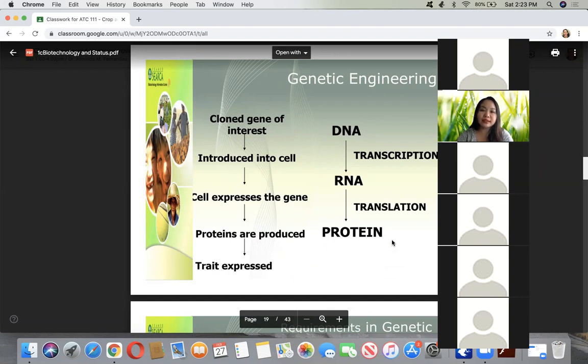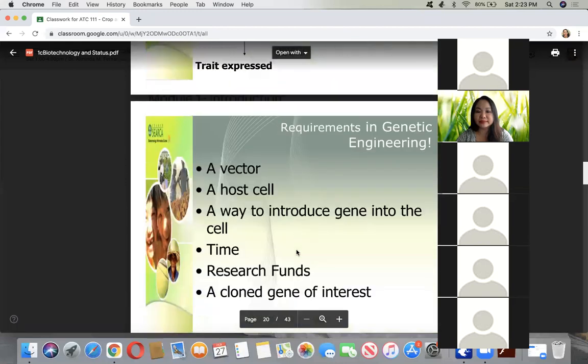In this procedure, the clone gene of interest is introduced into the cell, and the cell expresses the gene through the DNA transcription and RNA translation. So proteins are produced, and the trait is expressed.